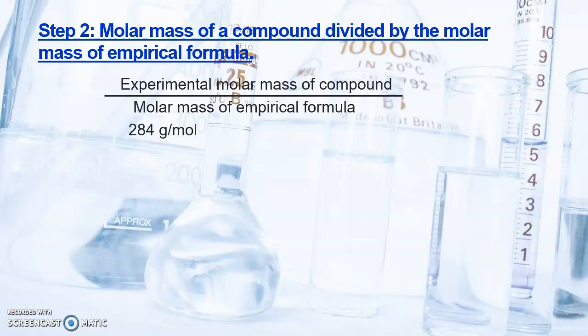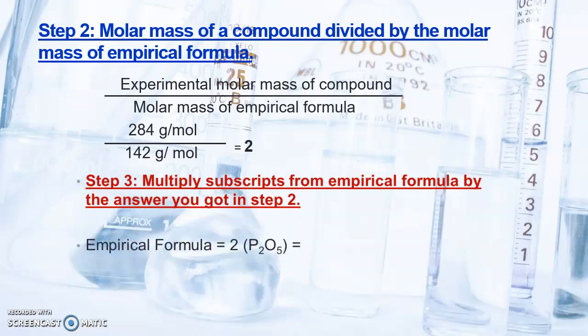So the given experimental molar mass of the compound is 284 grams per mole. So you divide it with 142 grams per mole, which is the computed molar mass of P2O5. So the answer is 2.